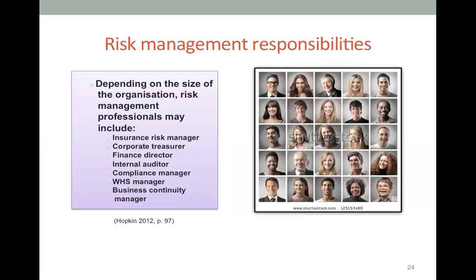Compliance manager, in the education industry for instance, or in any other legal related organizations, they may also need compliance manager, internal auditor, business continuity manager, or sometimes the team may include department heads of marketing, for instance, or sales, because they are running the project basically, so they need to run the risk management responsibilities.